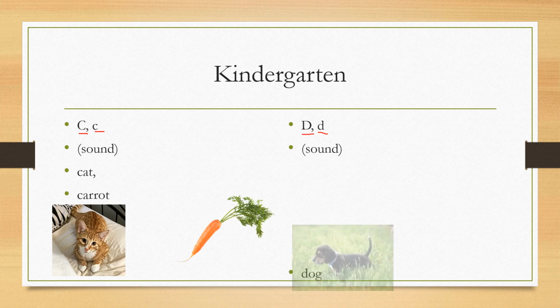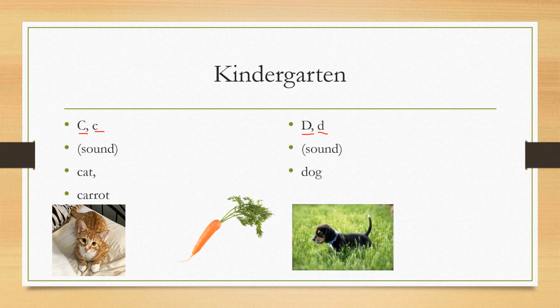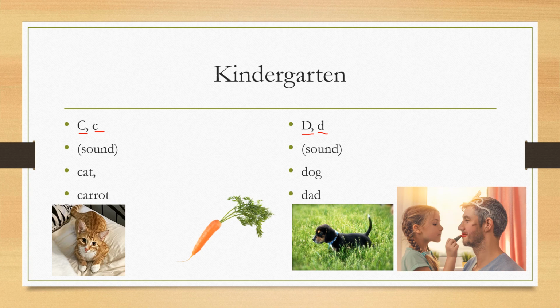It says words like dog, dog, and dad, dad. Just to be clear, this is the dad, and this is his daughter, and his daughter is putting on lipstick. Okay? I think he's probably a good dad.